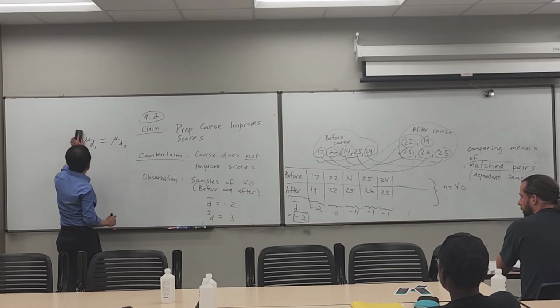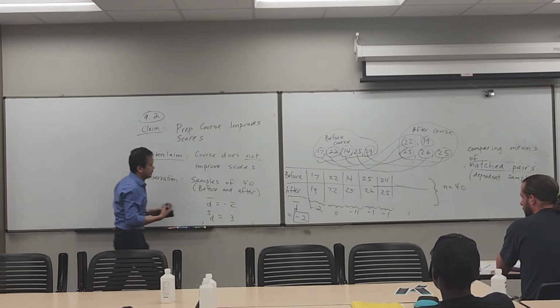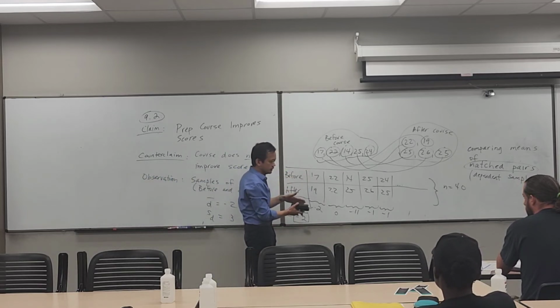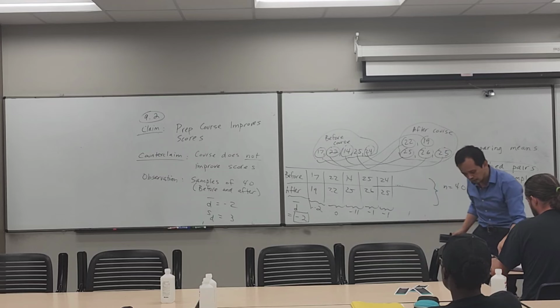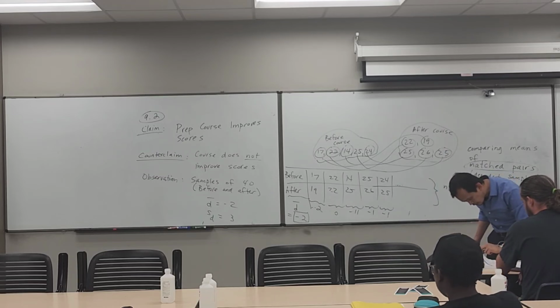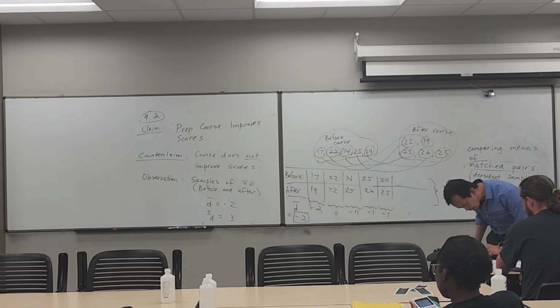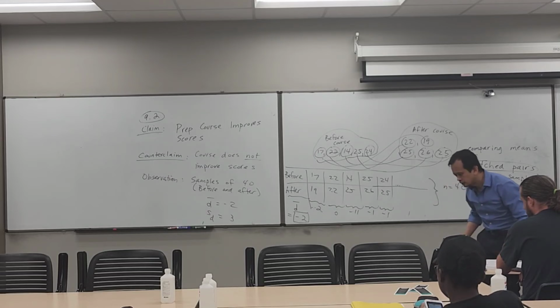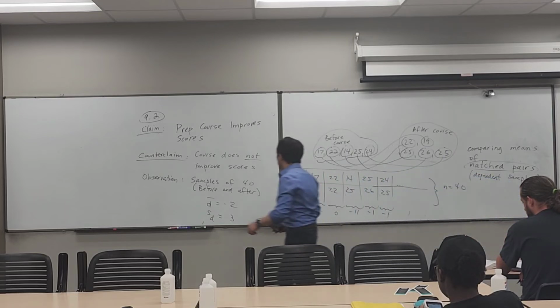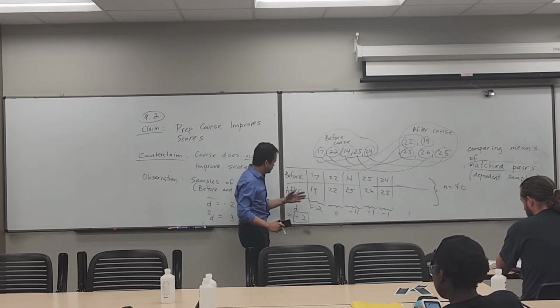Because the Ds already take into effect, you're already consolidating the two groups. So you only have one population mean for all the Ds.